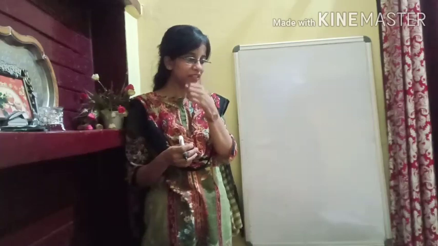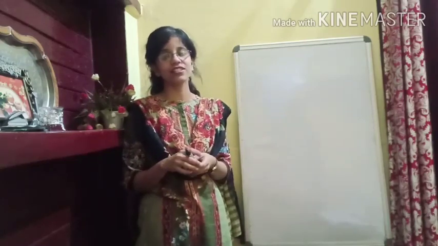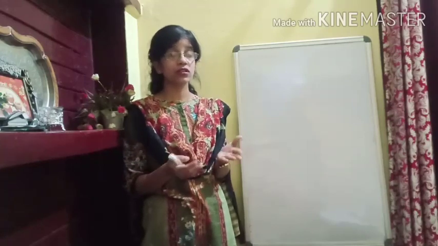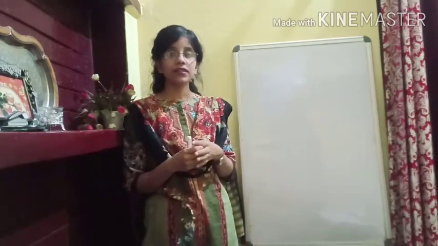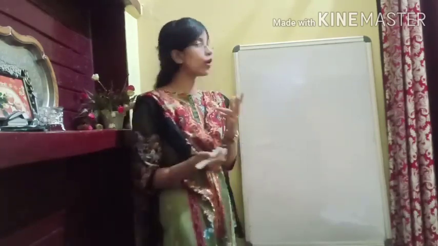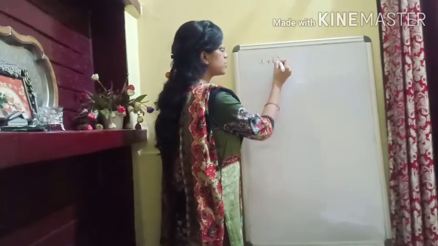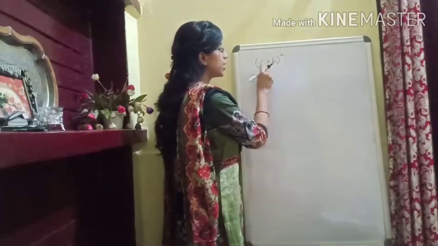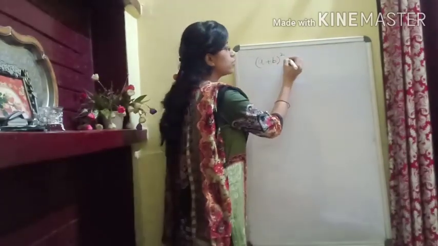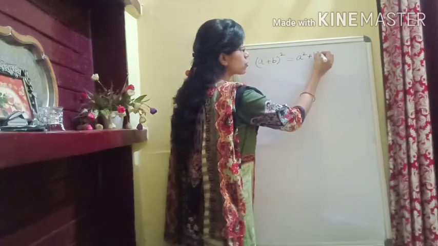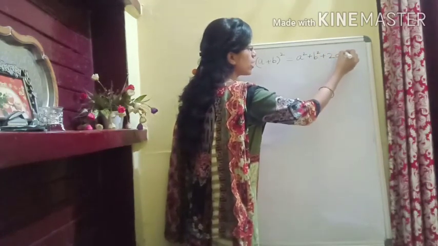As you remember, last time we started the chapter on expansion, and we saw what expansion is and how to expand a given term. Also we have seen two identities. Identity number 1 is (a plus b) whole square equals a square plus b square plus 2ab.